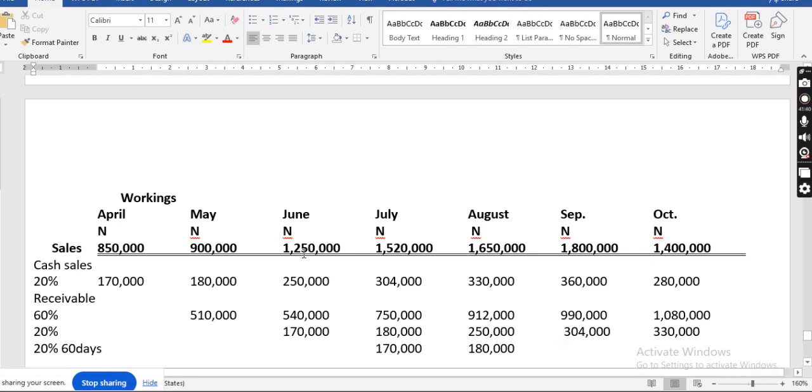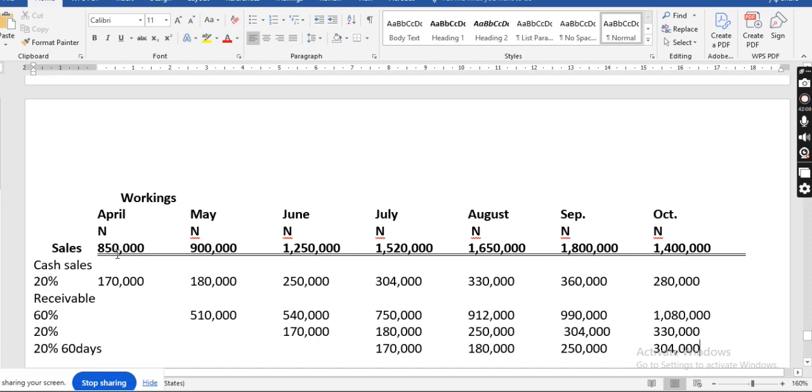Where do we stop, sir? We've done 1, 2, 3. Okay, what is the 20% of 1,520,000? 304,000. Please, let's check this again, because if not, we'll just miss it, right?